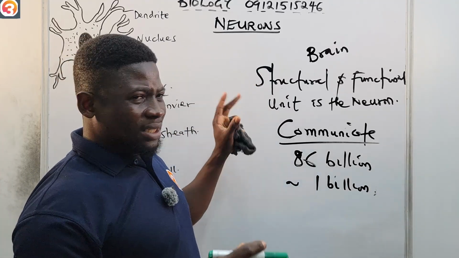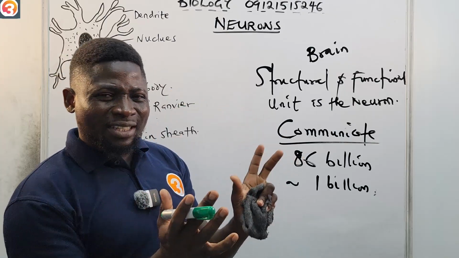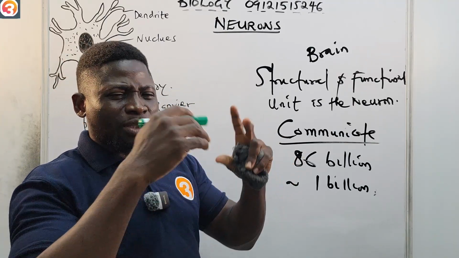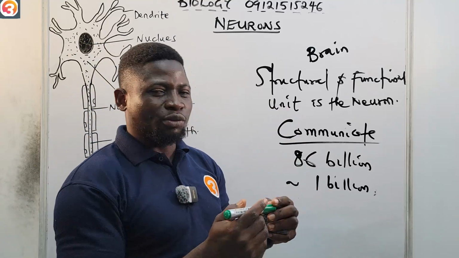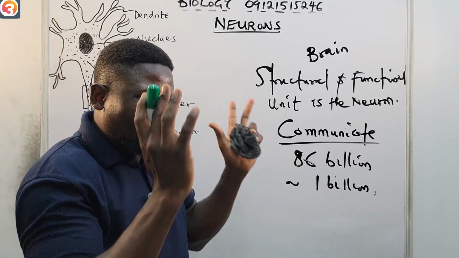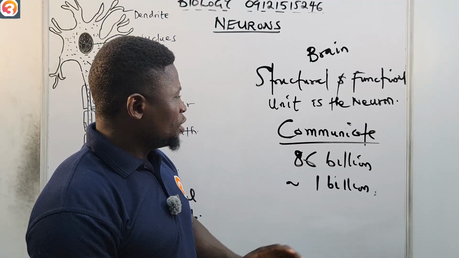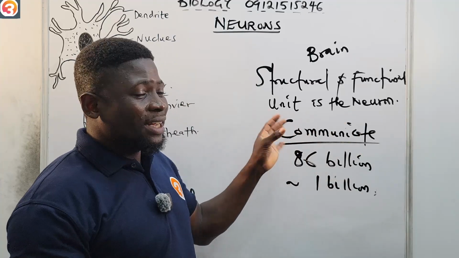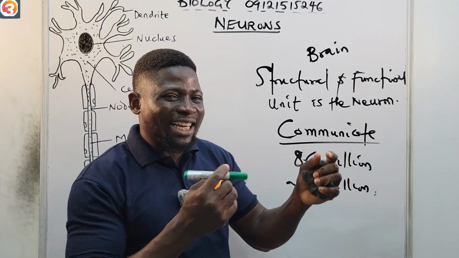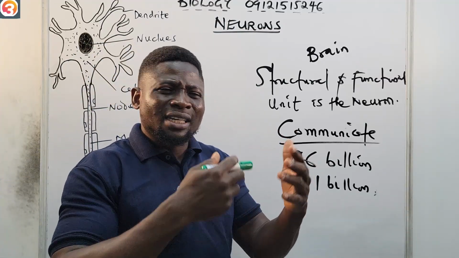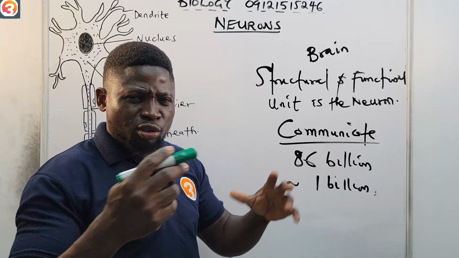So the whole of our nervous system communicates and interacts with other organs so that we can function properly. These 86 billion neurons communicate and interact with each other, and that's exactly how they are able to memorize, regulate actions and do all sorts of things.